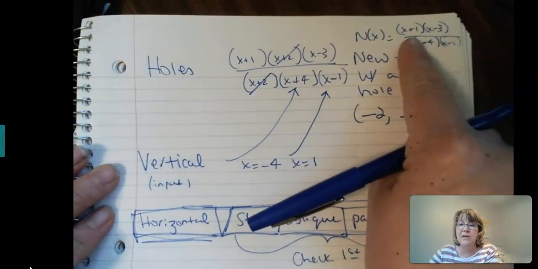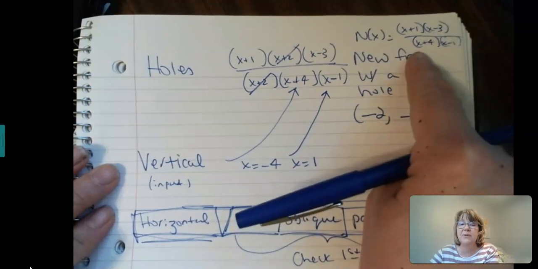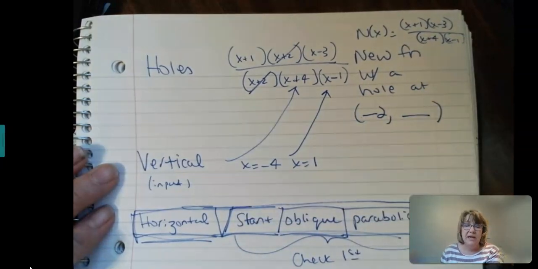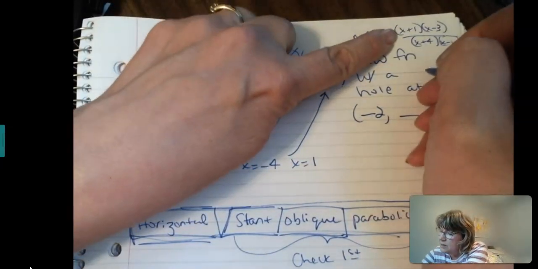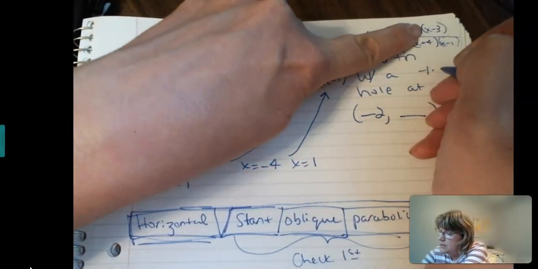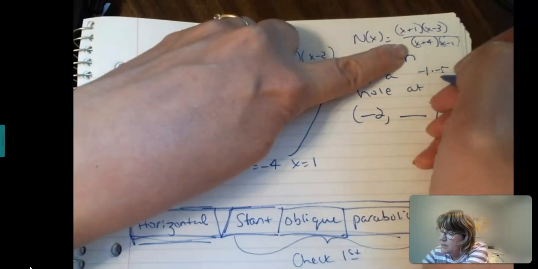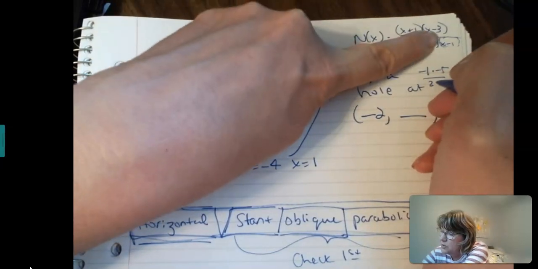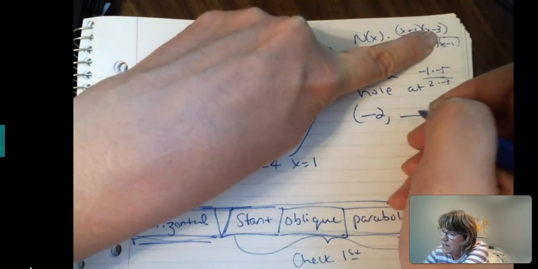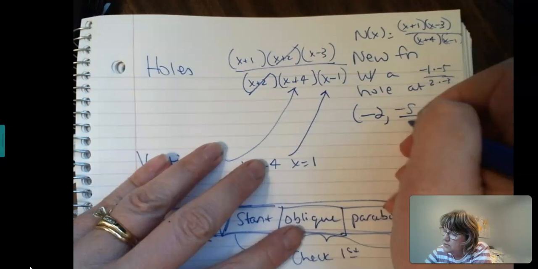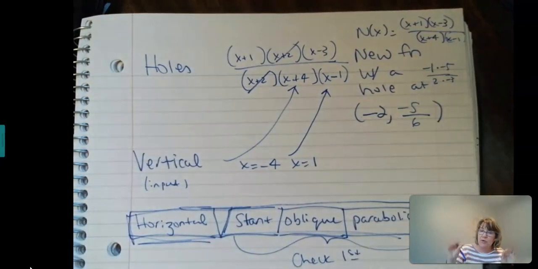So what is that? We have a -1, sub in a -2, what is it? -5. Sub in a -2, that's a +2. Sub in a -2, I think that's a -3. So +5 over -6, so -5/6, I think. I did that quick. If I screwed up, please email me and fix it.